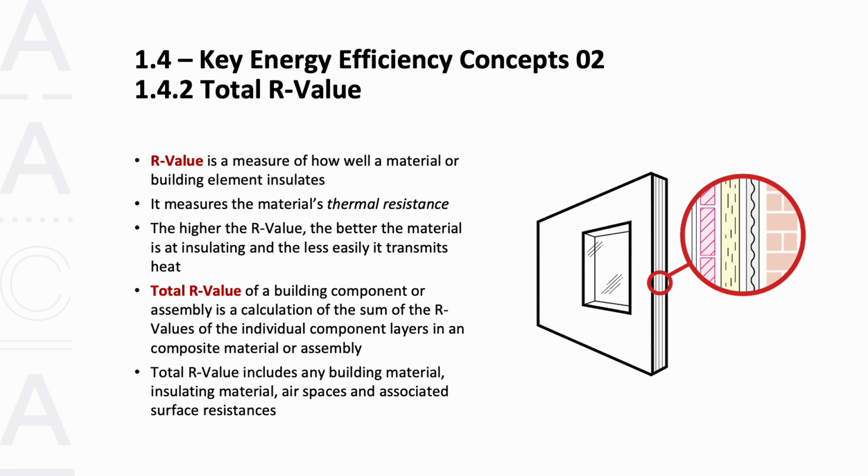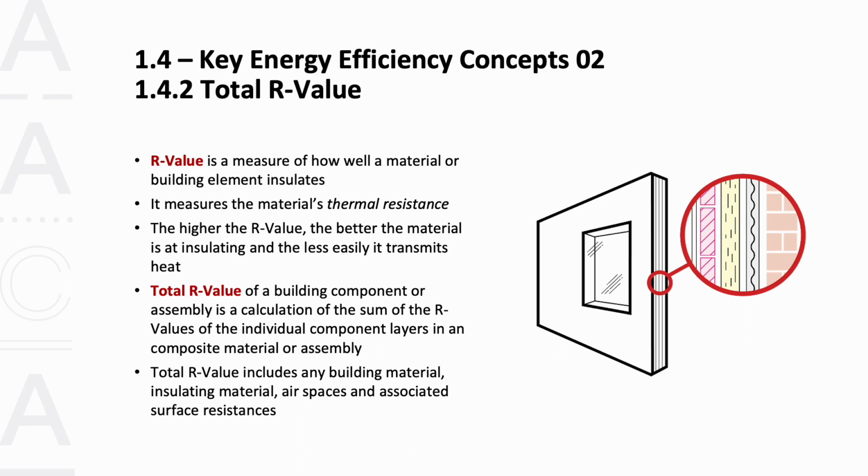The NCC also defines the total R value of a building component or assembly. This is a calculation of the sum of the R values of the individual component layers in a composite material or assembly. So think of a wall build-up. The calculation includes any building material, insulating material, air spaces between the different layers, and associated surface resistances.